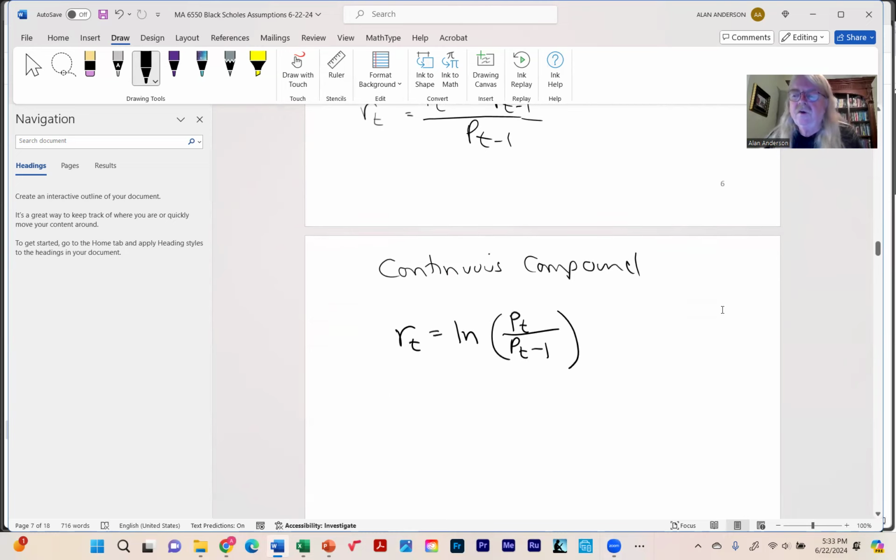So if, for example, an investor buys a stock for let's say 100, and sells it for 110, continuously compounded, this a year later, let's say.